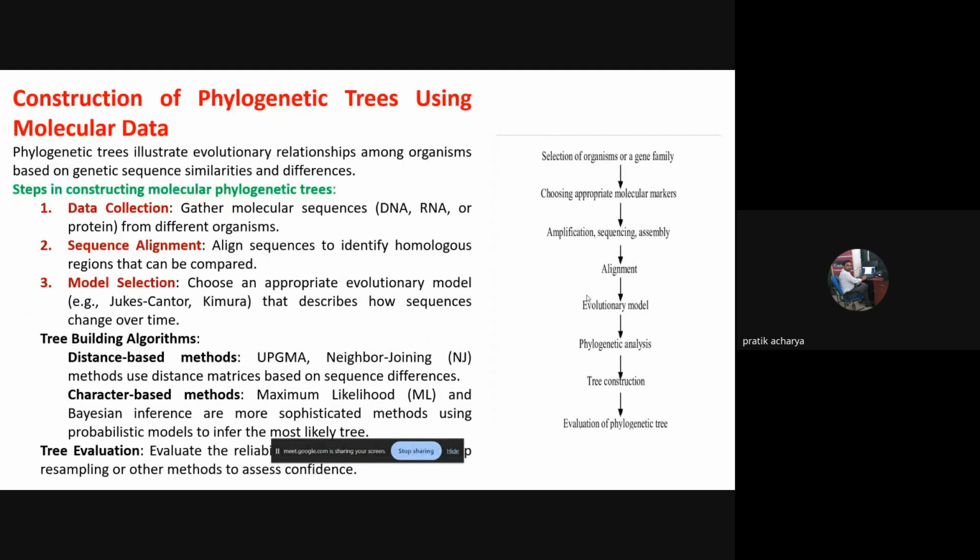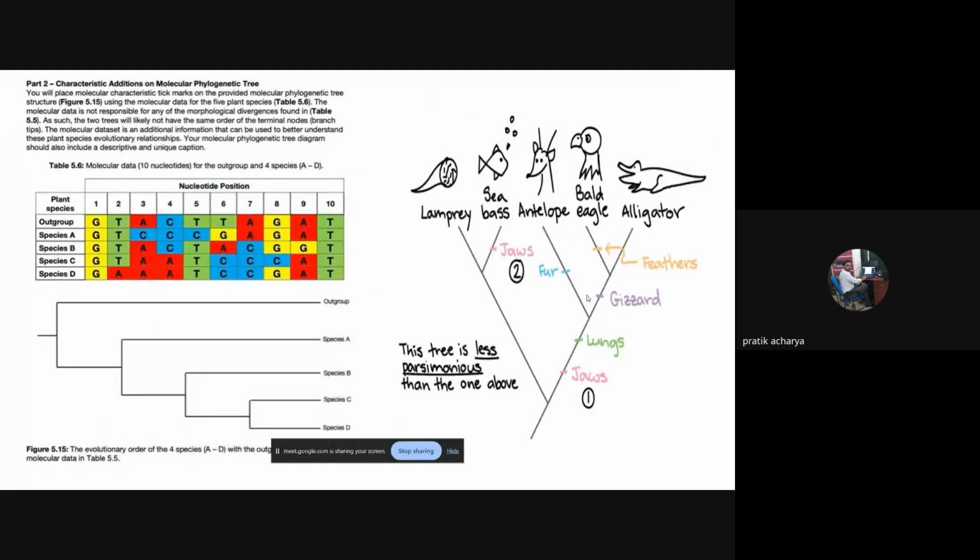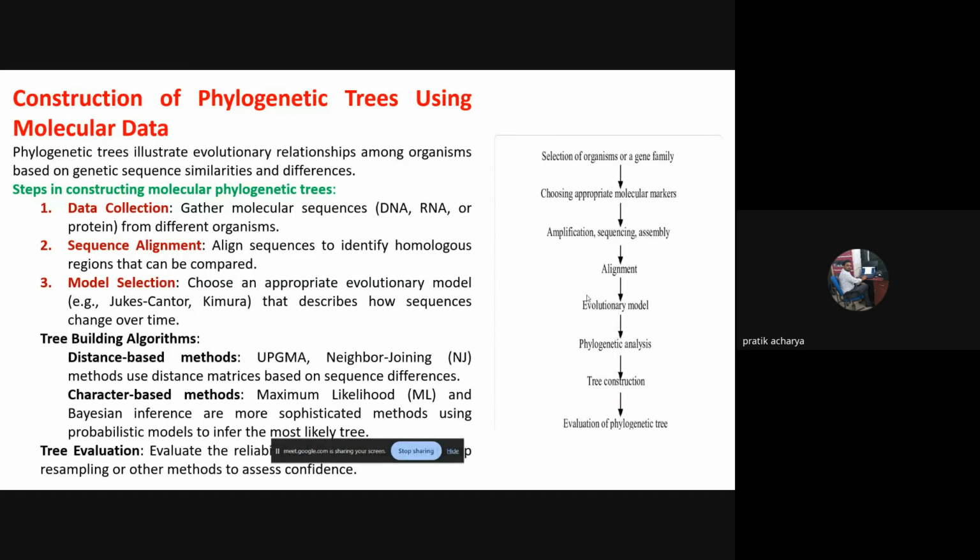So this is the process by which we can construct a phylogenetic tree, and this is the structure of a phylogenetic tree. One by one, we'll discuss it. First, a phylogenetic tree illustrates evolutionary relationships among organisms based on genetic sequences, similarities and differences.